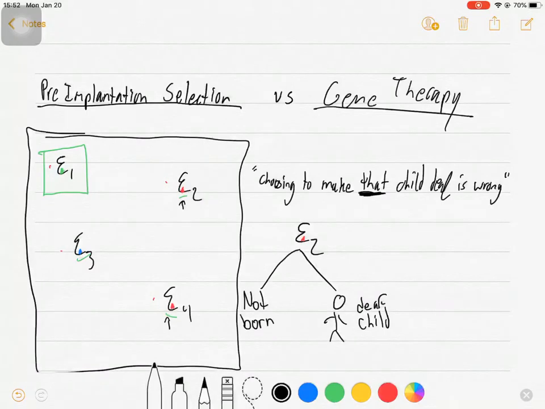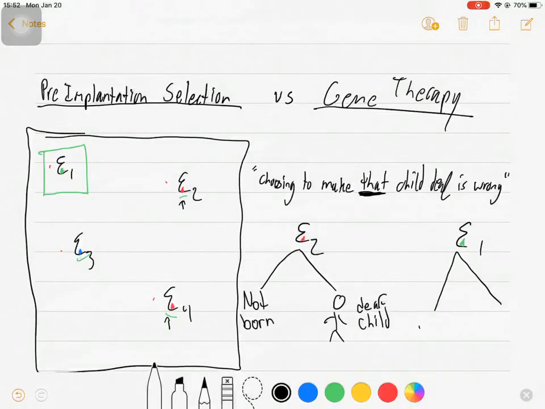And yet a number of folks were acting as if the deaf people or the deaf parents were doing something wrong because they were deafening and choosing to deafen a child. But they're not choosing to deafen a child. They will have very distinct children. Because here is the trajectory of embryo 1. So embryo 1, remember, is the one that doesn't have anything positive but doesn't have any of the negative stuff.